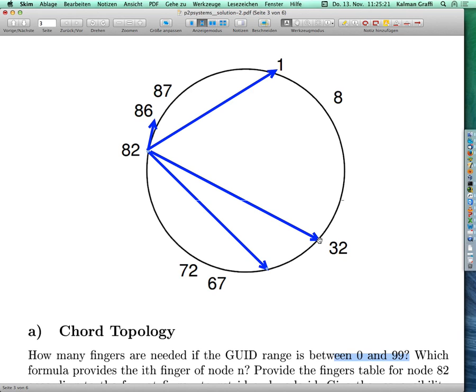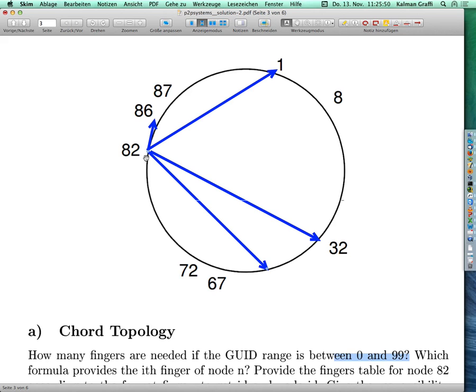So we have this property that we know more about the local area and less about the distant parts, and you don't gain too much. One reason is: what is the goal? The goal is to always halve the distance to the destination node. With the fingers that we have, especially the last finger, this is already pointing to the other side of the network.